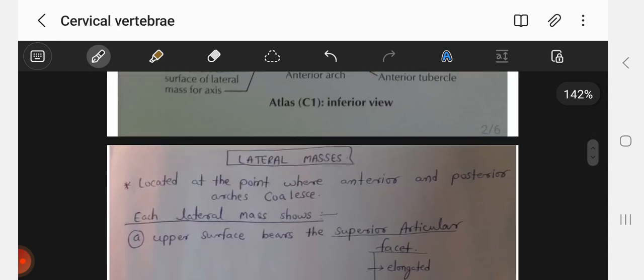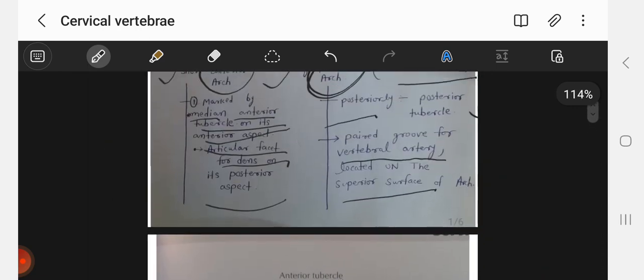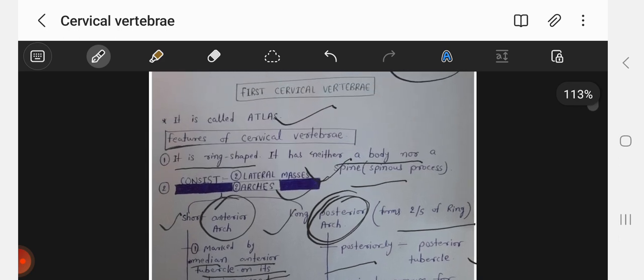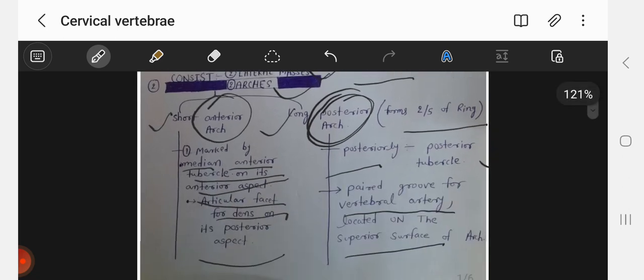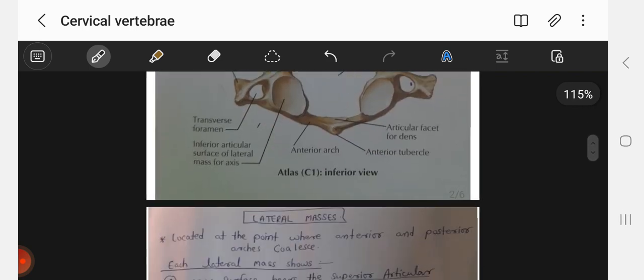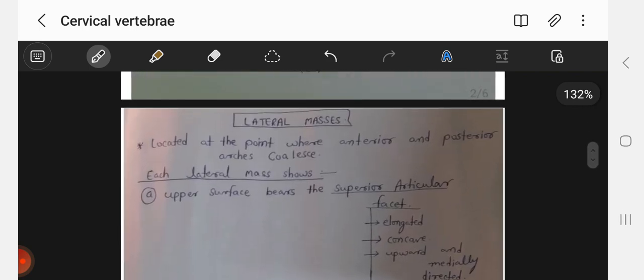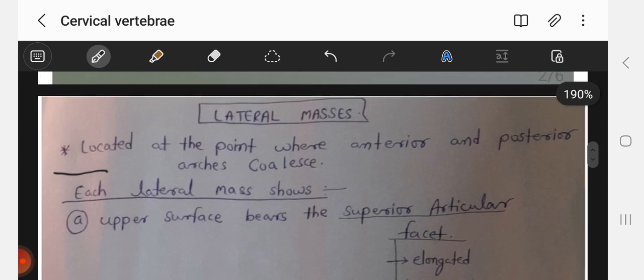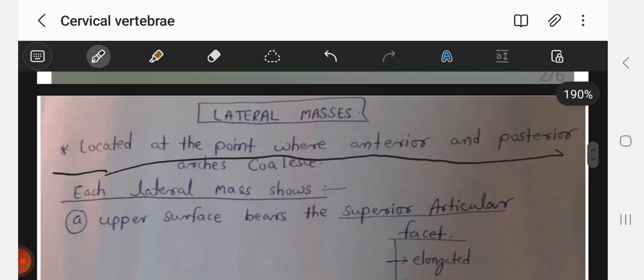Next is the lateral mass. As I told you, the first cervical vertebra consists of two lateral masses and two arches. We already discussed the arches, and next we will discuss the lateral mass. The lateral mass is located at the point where the anterior and posterior arches coalesce.